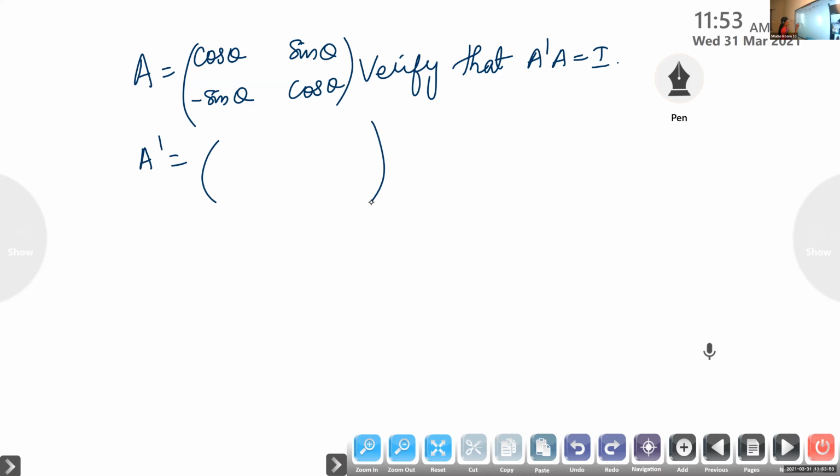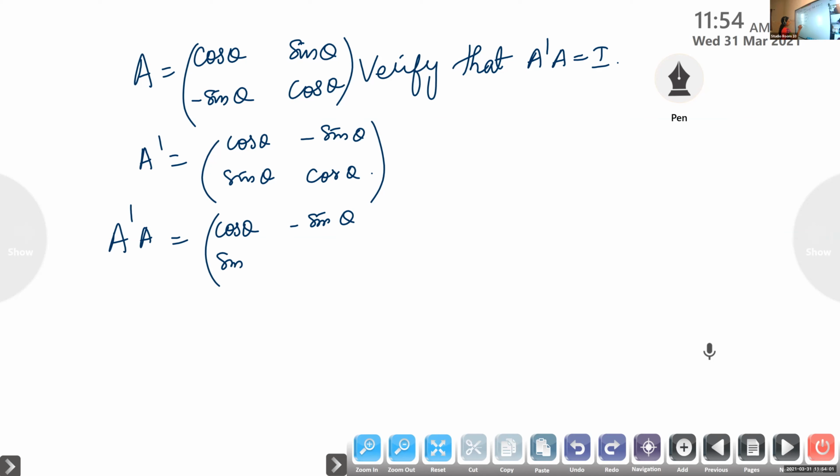Now find out what is A dash into A. Multiply these two matrices and find out what answer we will get.